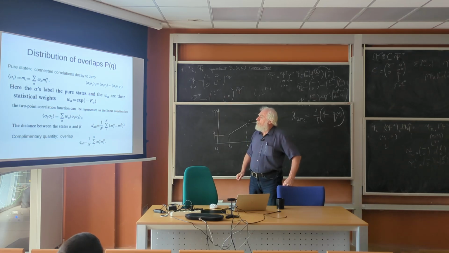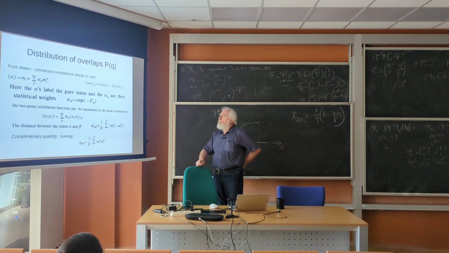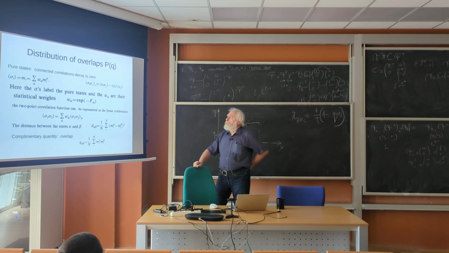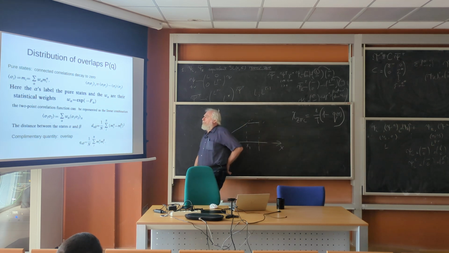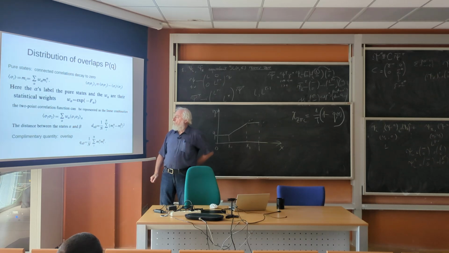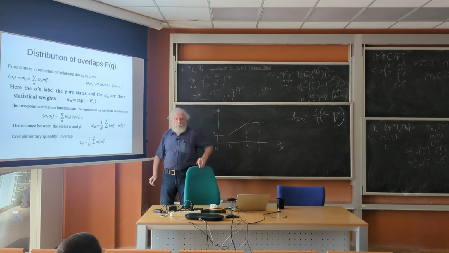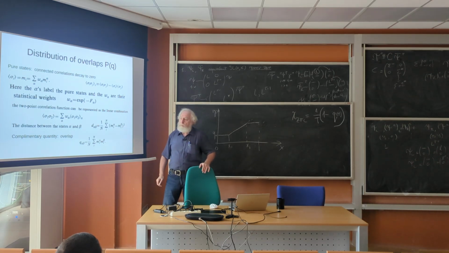Now let us discuss overlaps between different metastable states. If we have two different states, alpha and beta, in each of these states there is some set of local magnetizations m_i.